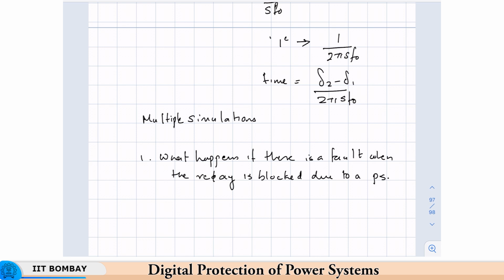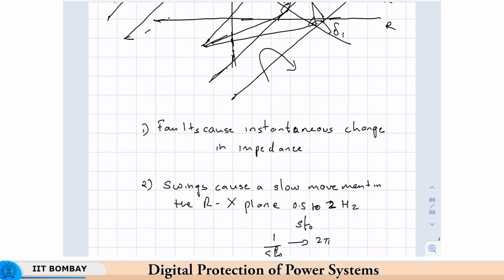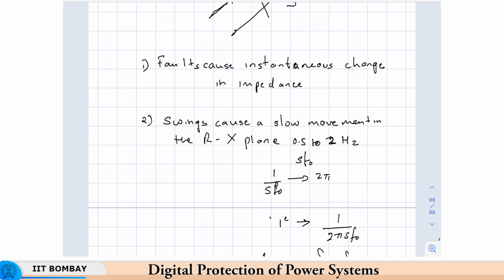In which case you have to unblock the relay. How do you detect that? Because this mechanism will still be on, the time of travel of the impedance locus is still being tracked, and if that is faster than the time that is set for the power swing, then you know that it is a fault, and then you will have to unblock the relay.